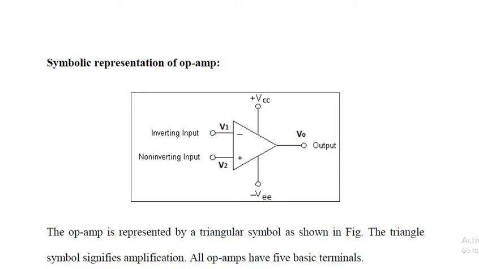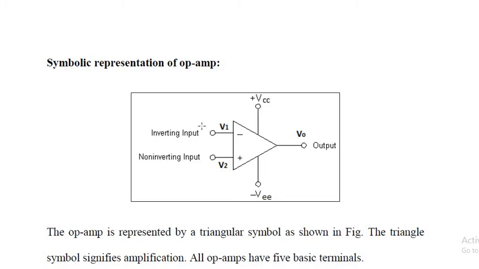All OpAmps have 5 basic terminals. 2 terminals for the power supplies, that is plus VCC and minus VEE. These 2 terminals serve as the power supplies, and there are 2 terminals for the input. One is inverting input and the other is non-inverting input.